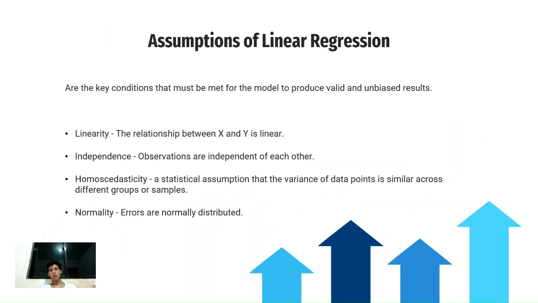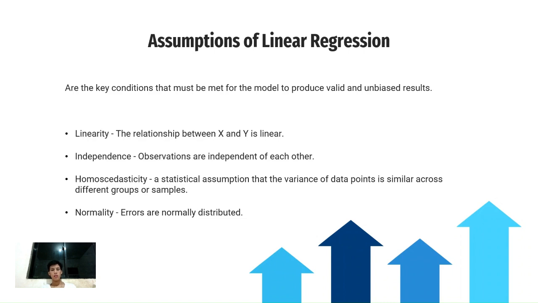So every observation that you have gathered should be independent and shouldn't have similar data to the others. There's also homoscedasticity, a statistical assumption that the variance of data points is similar across the different groups or samples.